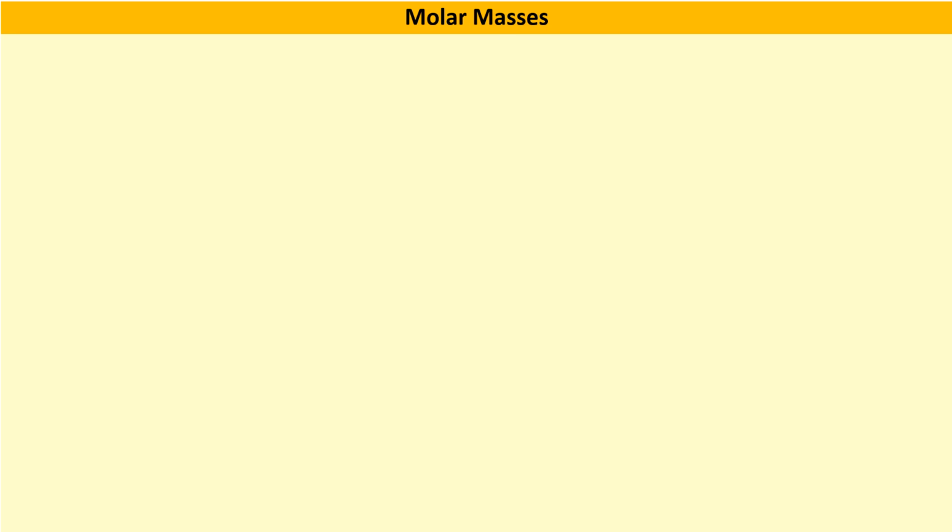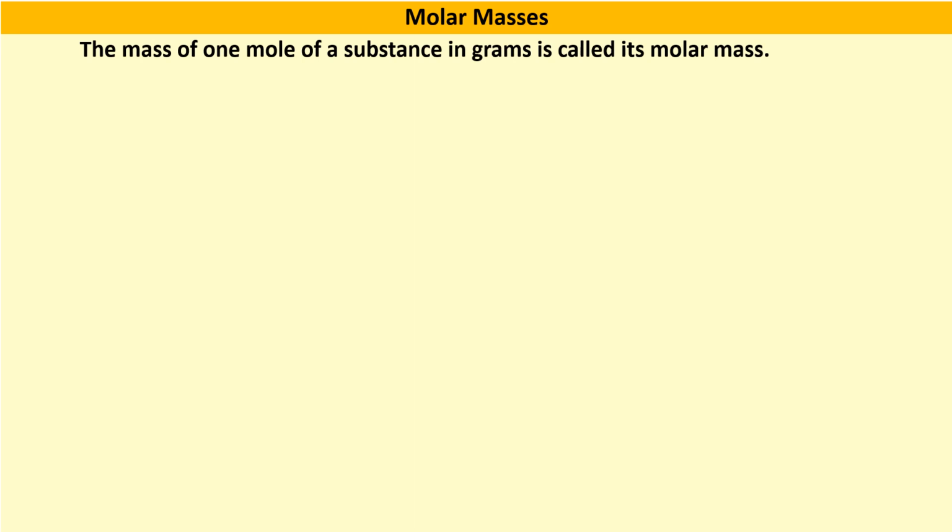Molar mass. Having defined the mole, it is easier to know the mass of 1 mole of a substance or its constituent entities. Thus, the mass of 1 mole of a substance in grams is called its molar mass.